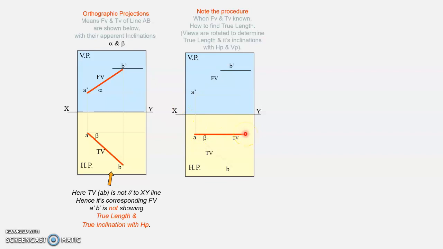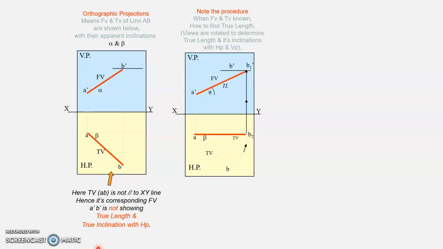From this B, we draw a vertical line up to the locus of B dash. Now we join A dash and B dash, and by joining these two we get the true length.